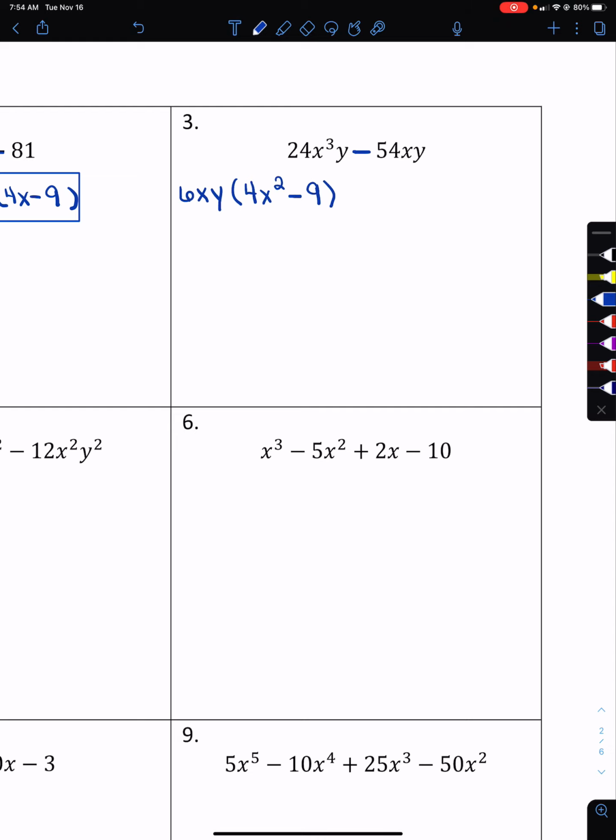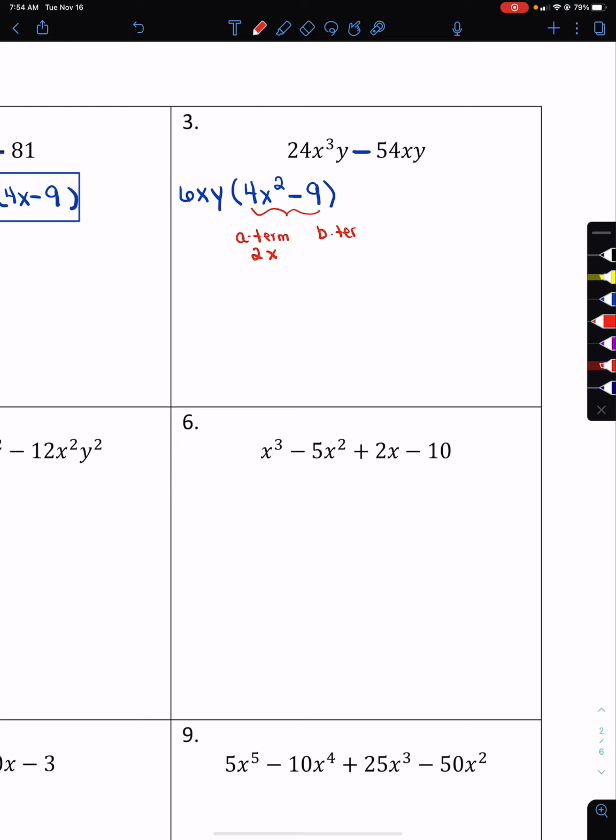Okay. All right, now looking at the group on the inside, there is still a perfect square trinomial. So, I'm sorry, perfect square binomial. So on this one, the a term would be 2x.